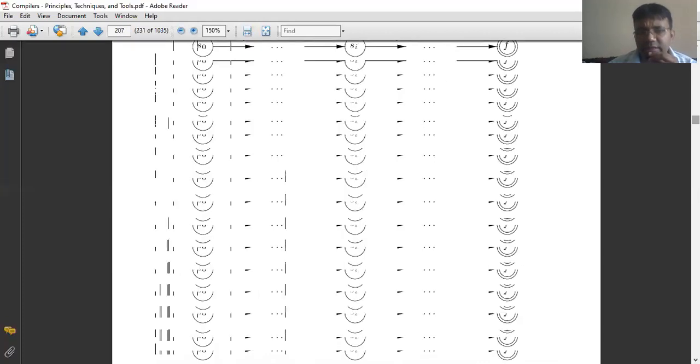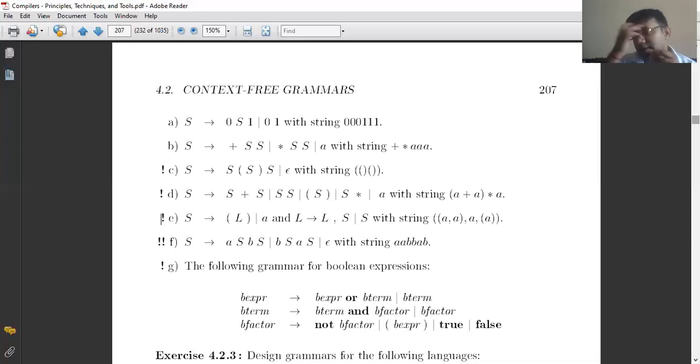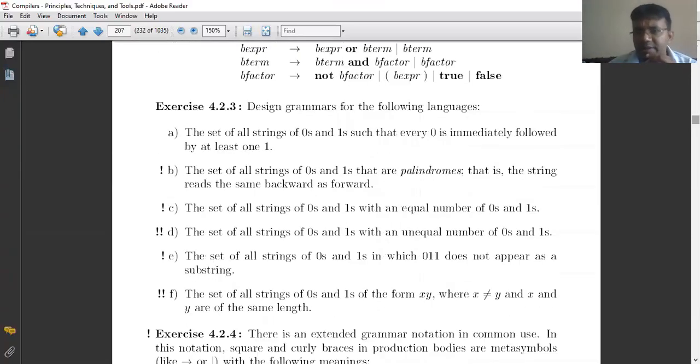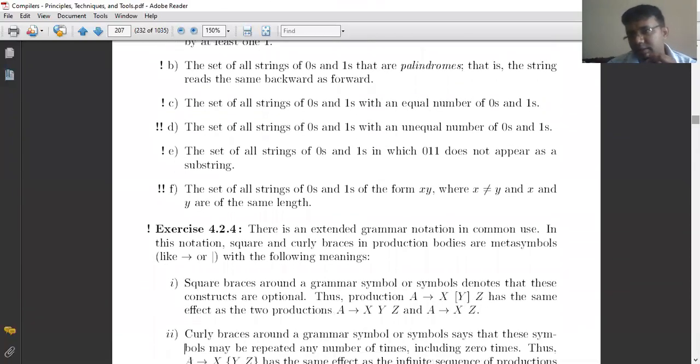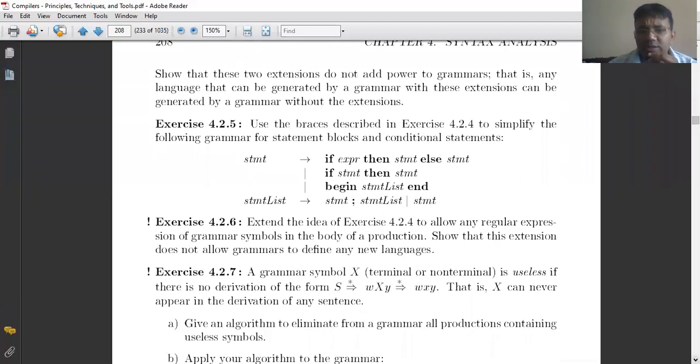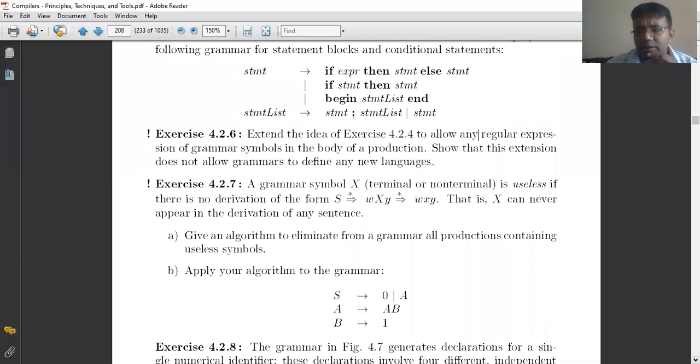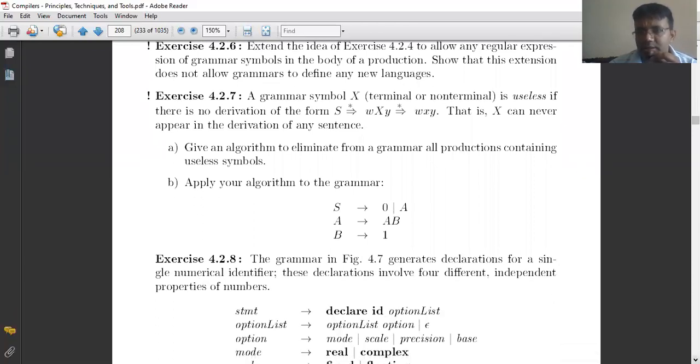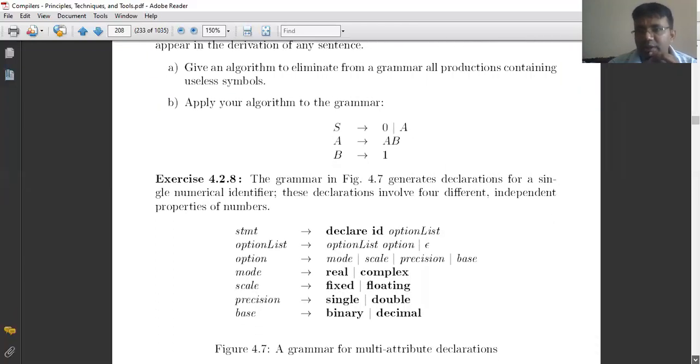If there is a left-hand side variable, and on the right-hand side the leftmost symbol is the same variable, then it is a left recursive grammar. The same holds for right recursive ones: if the left-hand side variable is the same as the rightmost variable on the right-hand side, then it is a right recursive grammar. We have to remove left recursive and right recursive grammar, so make sure this reduction happens.